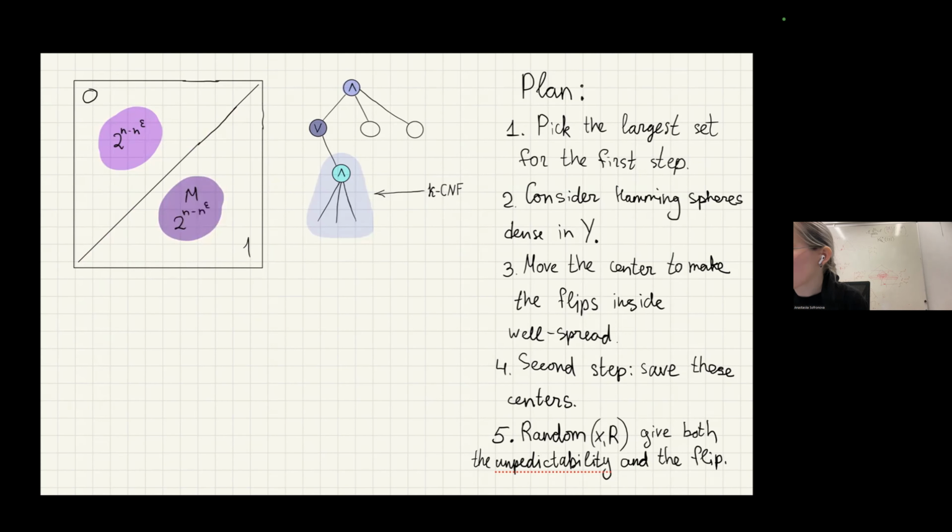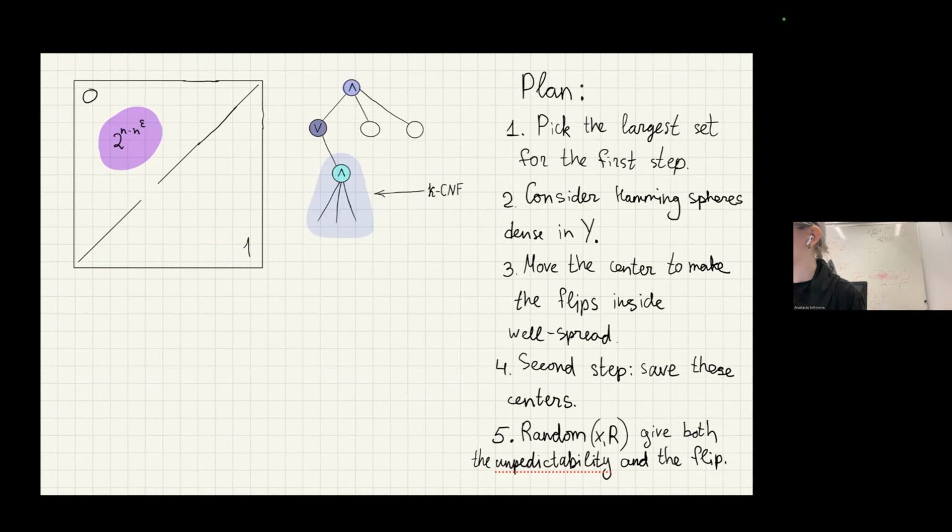So now I want to make the second step down the circuit, over here in the C. And what I'm doing right now is I want to salvage as much of the centers of the sphere as I can. So basically, maybe I'm losing some centers of the spheres here, but I still have some.